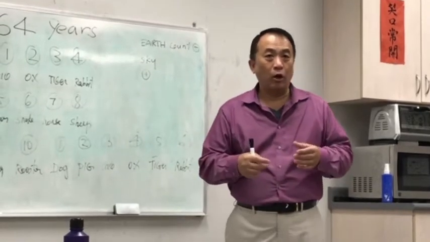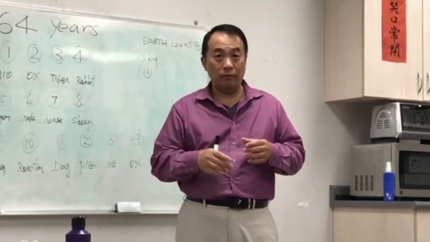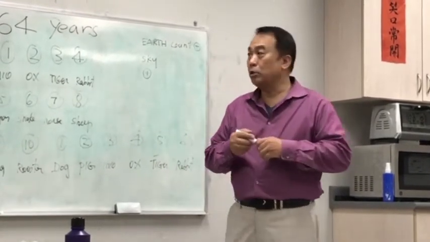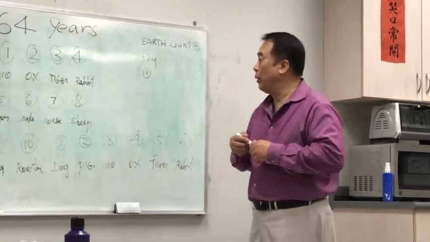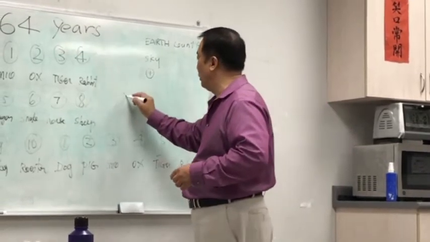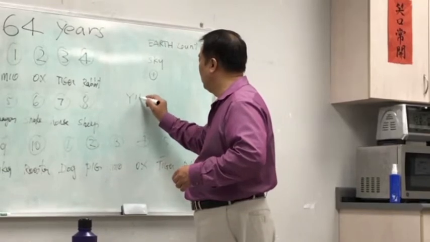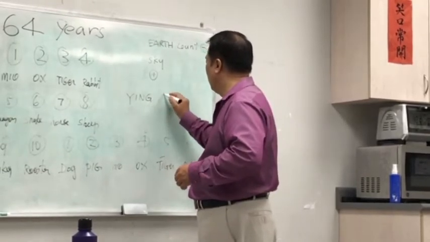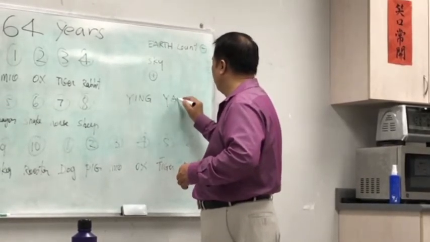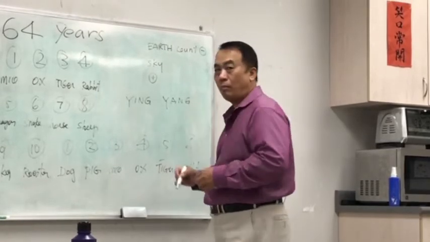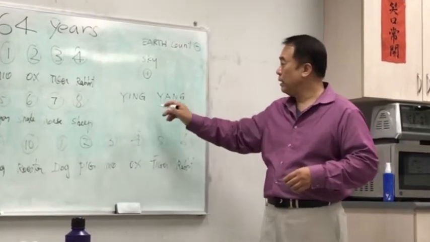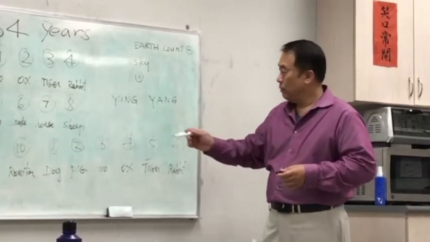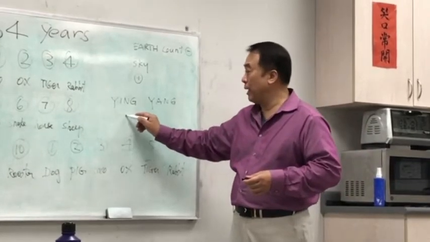Even the feng shui, they're also talking positive and negative. And that's why in a lot of books, when you're reading about feng shui or whatever, you always see these two words. Yin, yang. This one is negative.